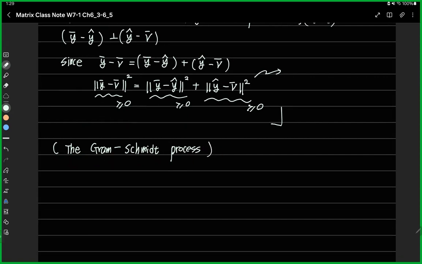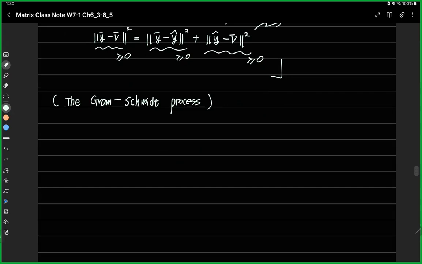Now we want to find an orthogonal basis using the orthogonal decomposition theorem. Let's see the first example, with B1, B2.